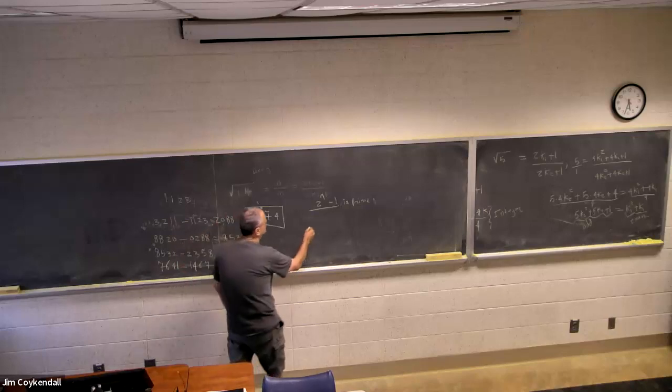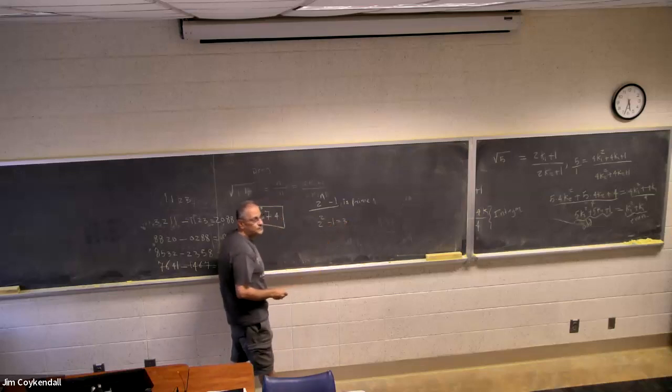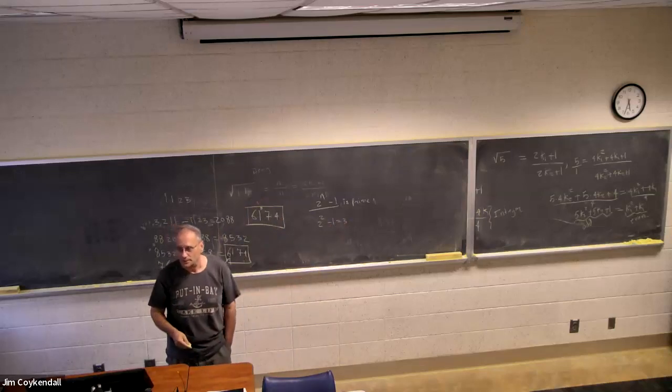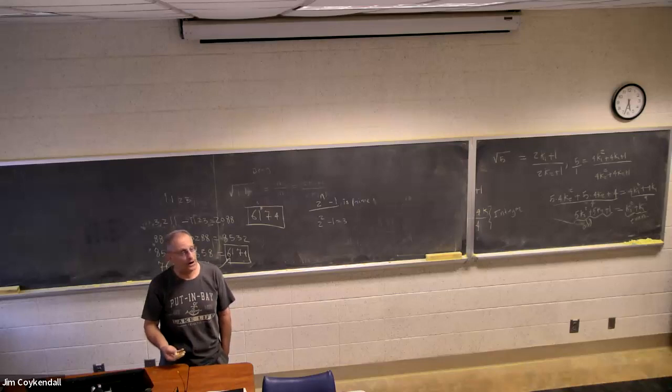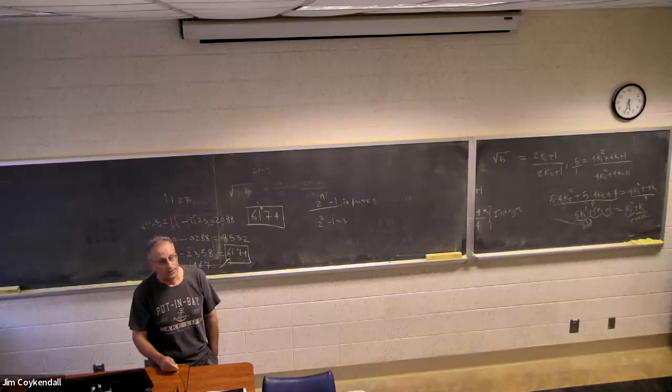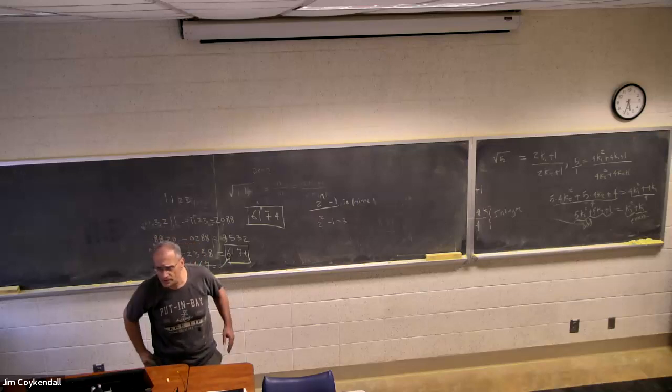If you take 2 squared minus 1, you get 3. What about 2 cubed minus 1? 7. 2 to the 5, 2 to the 7.